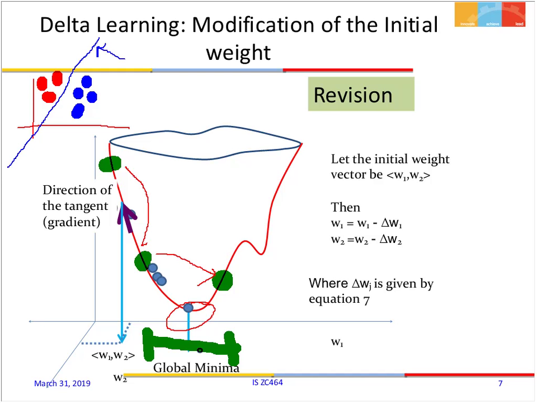In that case, I will take W1 to be representing the slope, that is m, and then on the weight space I will take W2 as the intercept. So intercept is taken on the W2 axis, right?